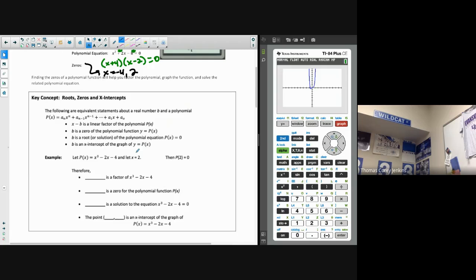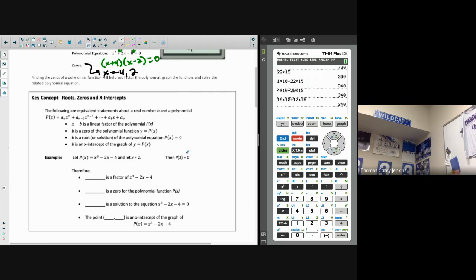Then it says p of 2 equals 0. So just so we know what that means algebraically, I guess they're just telling me that one of our zeros is 2. But if I sub in 2 there and 2 there, I'm going to get 0. So it says p of 2 equals 0.